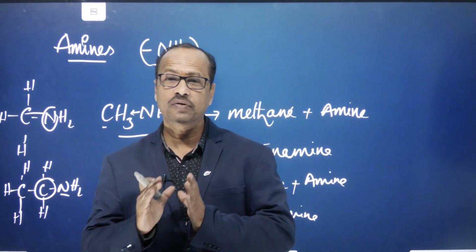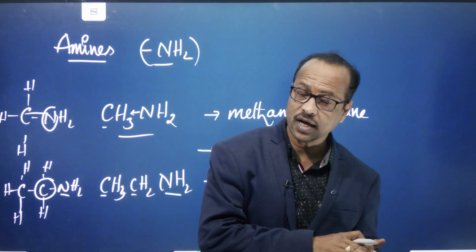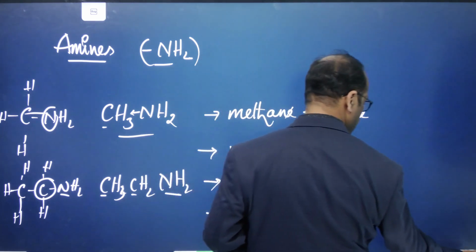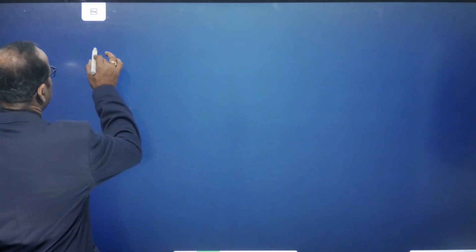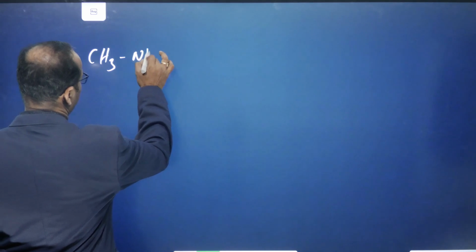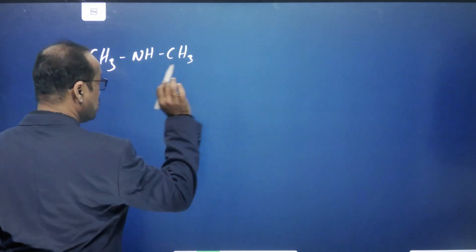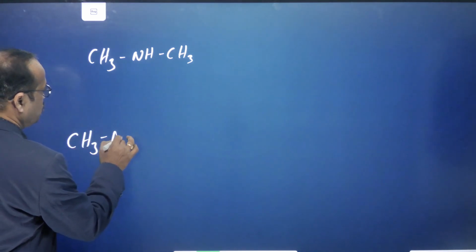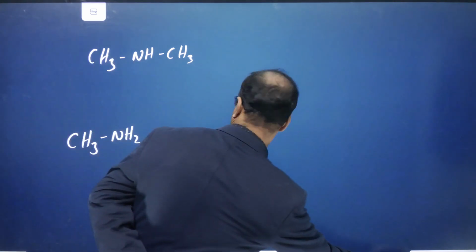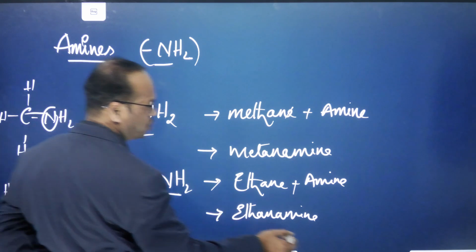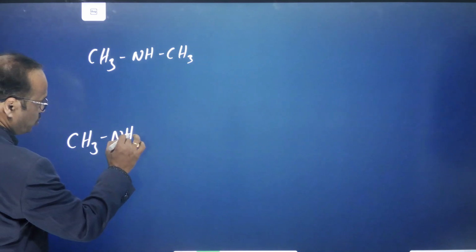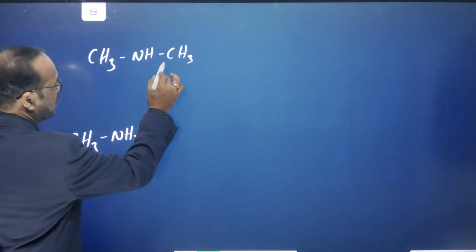Sometimes the nitrogen can be attached to two other carbons, or it may be attached to three other carbons. Now for example, see CH3NHCH3. In the primary amine, CH3NH2 was there. But here in the NH2, one hydrogen is removed and in the place of that hydrogen, CH3 is attached.